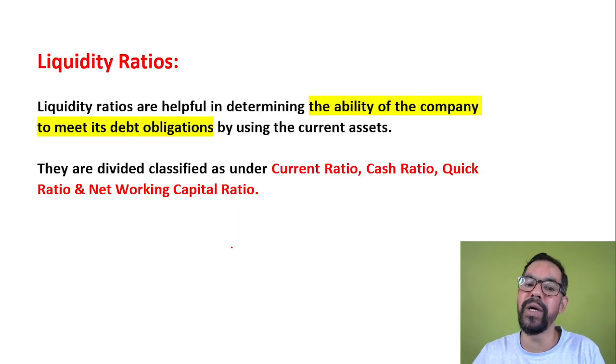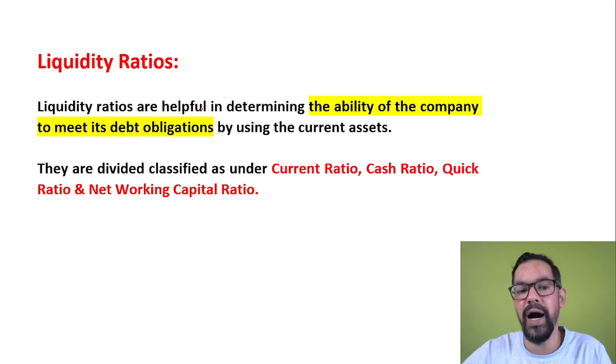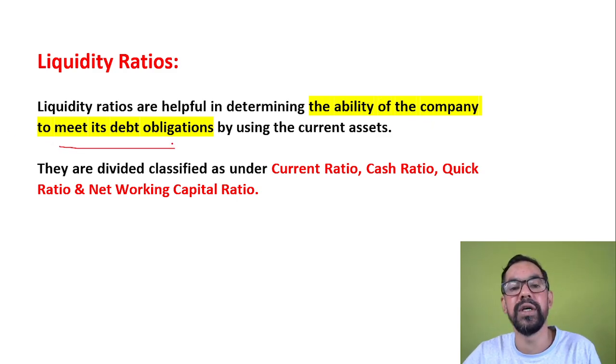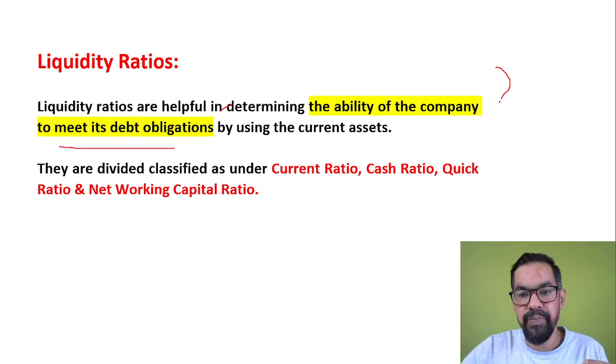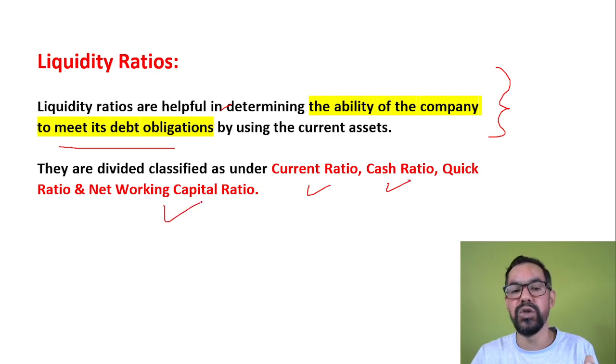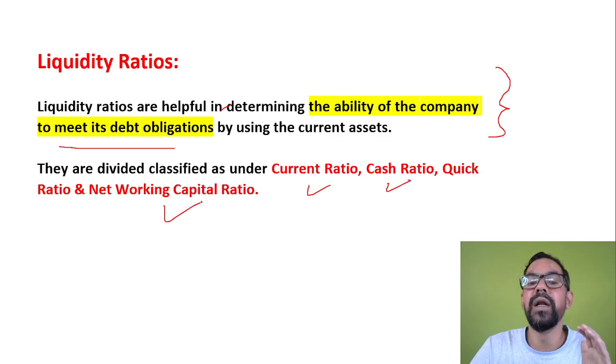First is the liquidity ratio. Liquidity ratios help determine the ability of a company to meet its debt obligations by using current assets. I hope you have heard about the current ratio, cash ratio, quick ratio, and net working capital ratio. These come under the liquidity ratio.